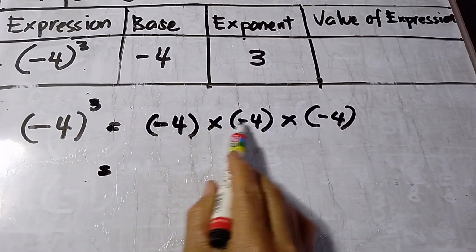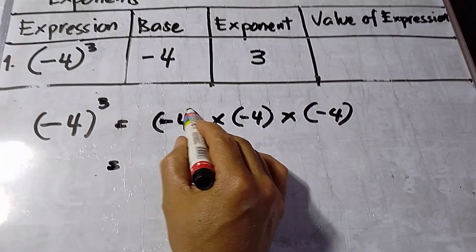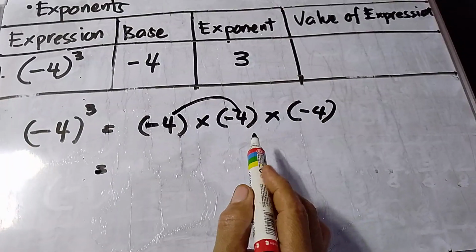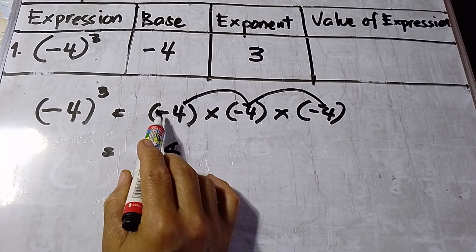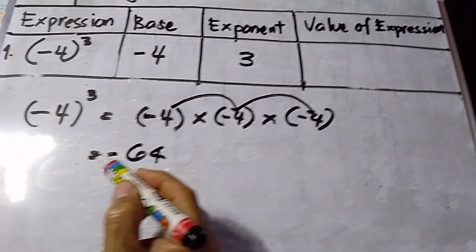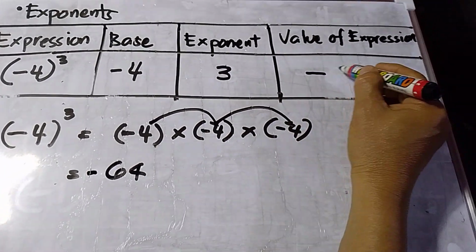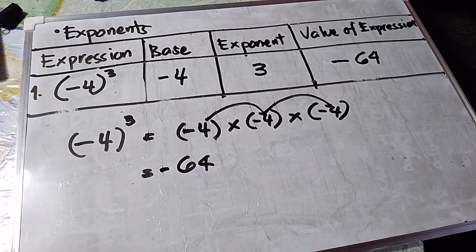So 1, 2, 3. So this is an odd number. So we have to multiply this one. 4 times 4 is 16 times 4 is 64. Since this is odd, so meaning this is -64. So your value of expression for number 1 is -64. Okay?